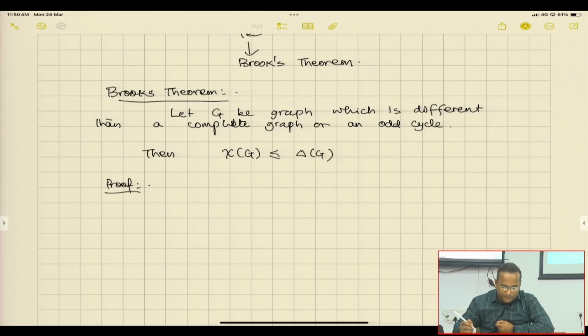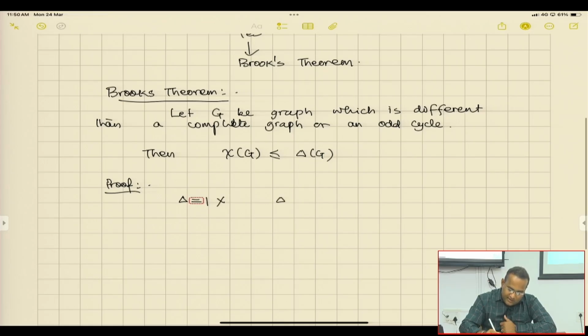How to do that? Let us try with delta equal to 1. Delta equal to 1, K1 is the only graph, so that is a complete graph, so we do not consider this one.